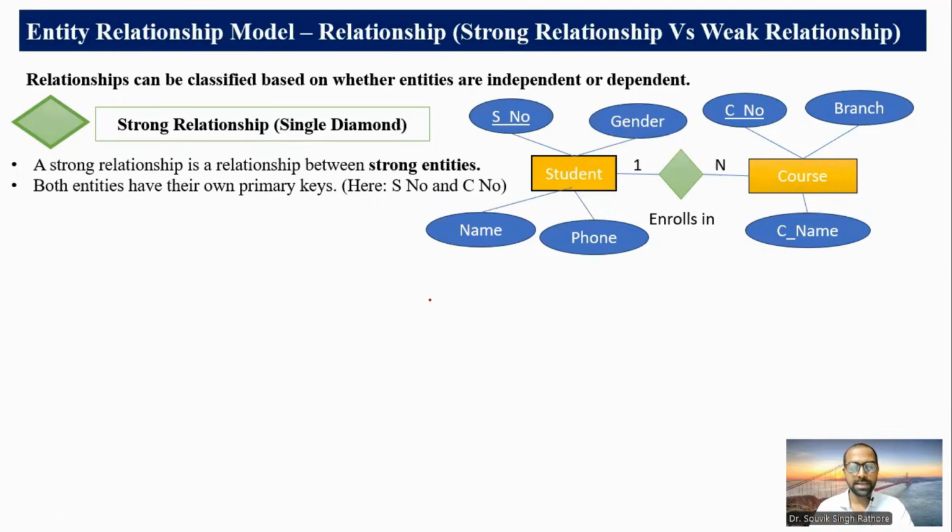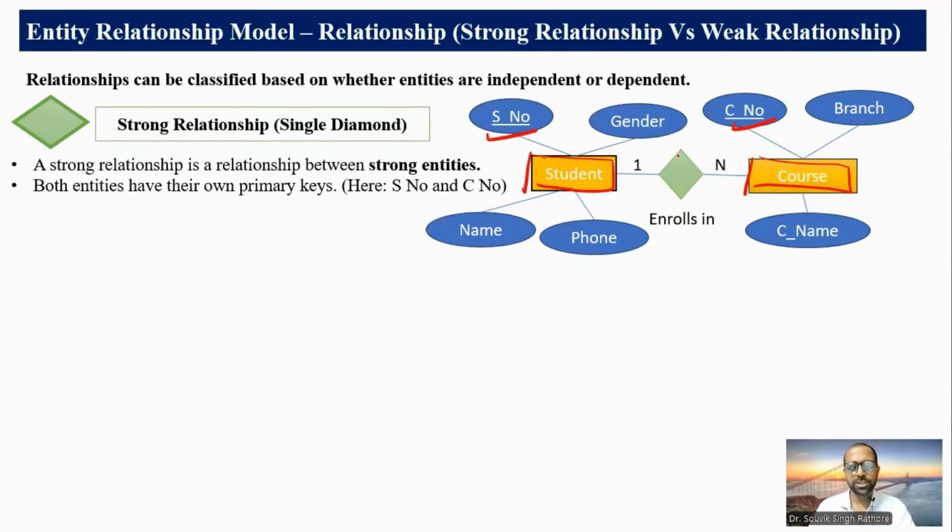For example, here you can see two entity types, the student entity type and the course entity type. The student entity type has its own primary key called S number, and the course entity type has its own primary key called C number.